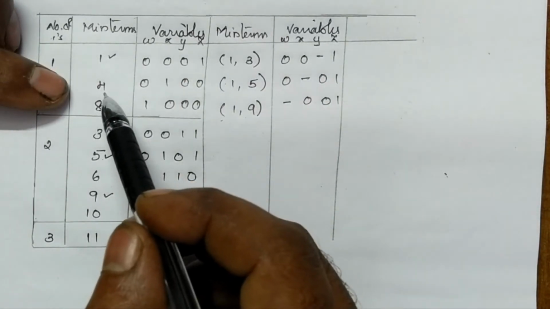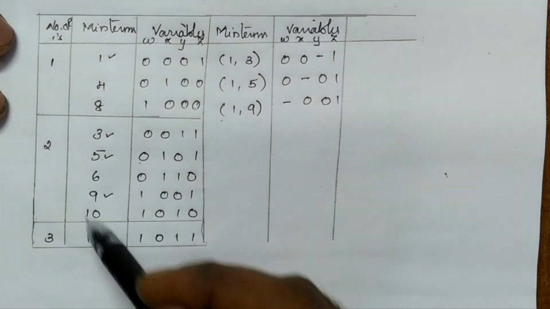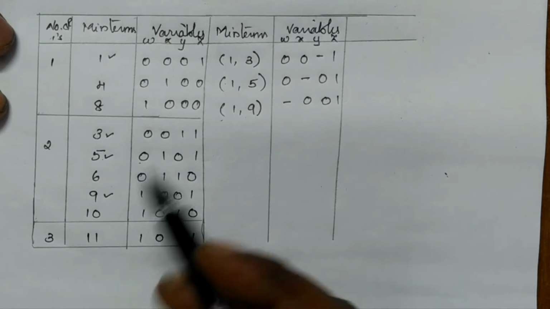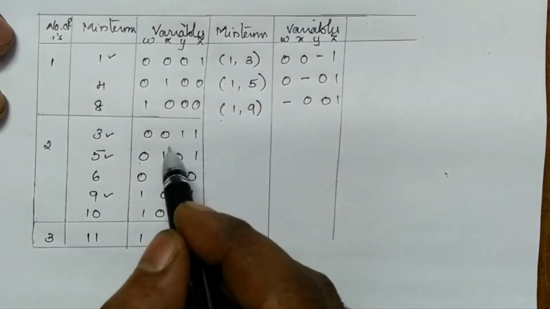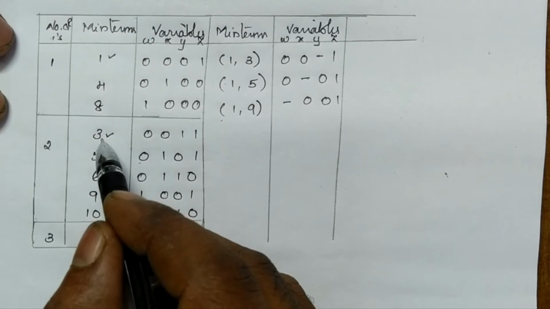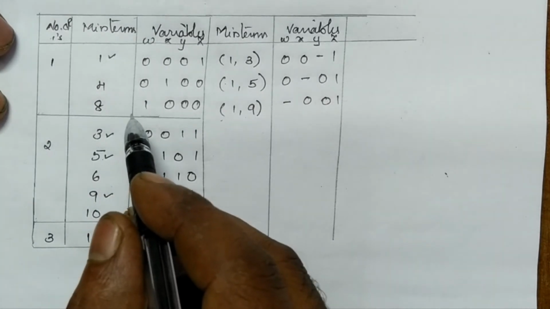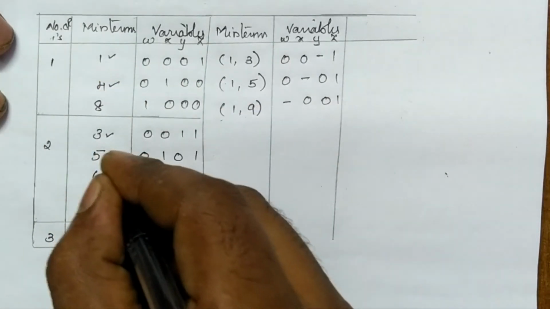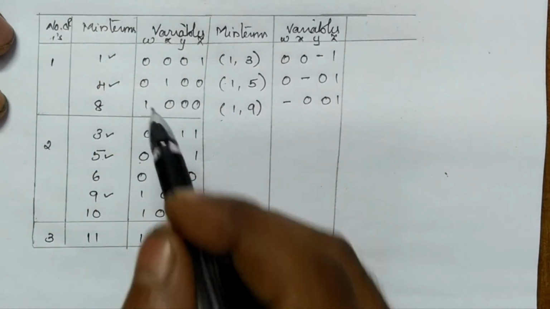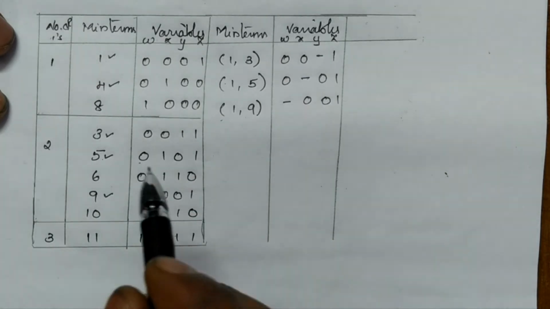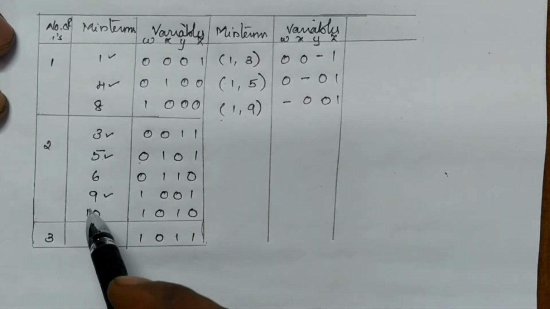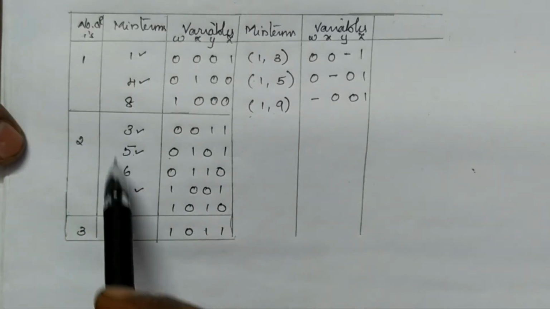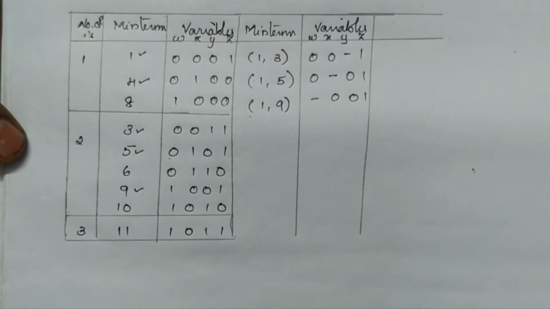Again we start with the second term and compare with the remaining values in the second group. If we compare 4 and 3, it's not possible. Then 4 and 5 is possible, therefore we need to make the tick mark. Keep it in mind, it's very important to make the tick mark, otherwise you will forget whether that particular minterm is grouped or not.